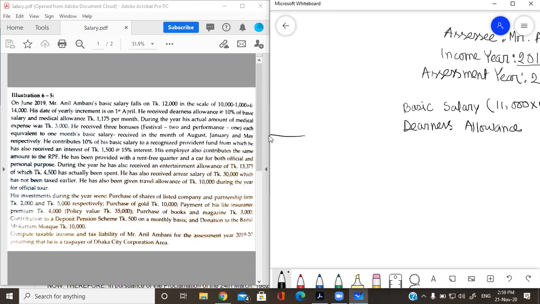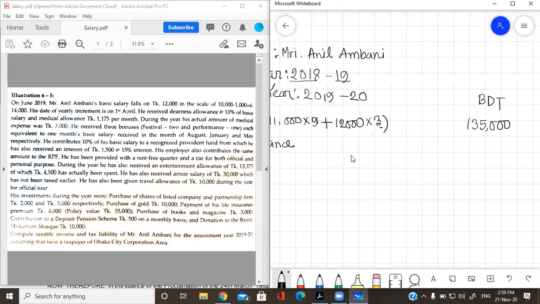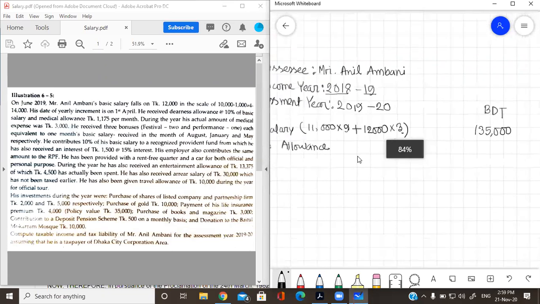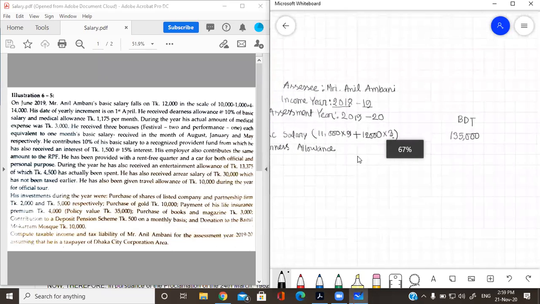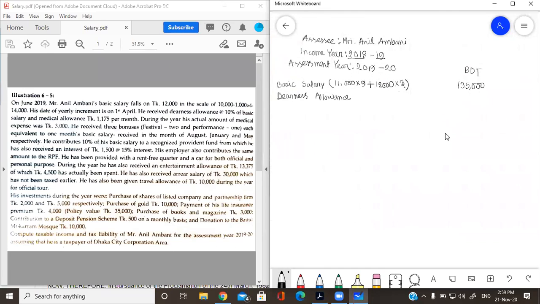It is fully taxable, but it has been mentioned 10% of basic. So what should be the 10% of the basic amount we have already calculated? It will be 13,500. So we have got it.